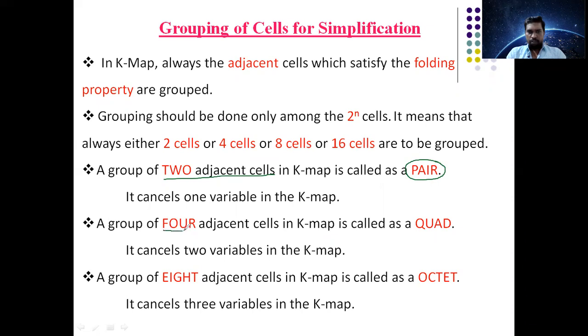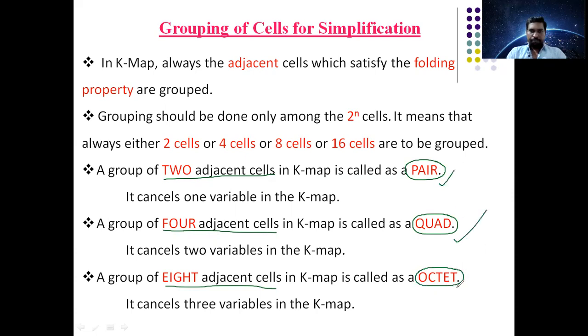Likewise, if you group 4 adjacent cells, it is called a quad. If you group 8 adjacent cells, it is called an octet. These are the 3 important definitions you need to remember.